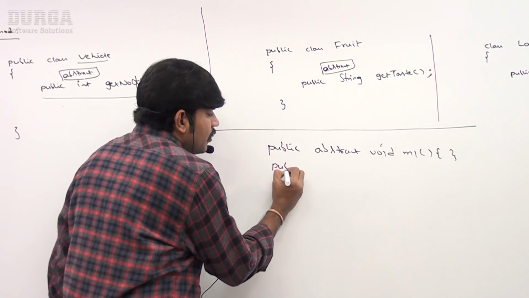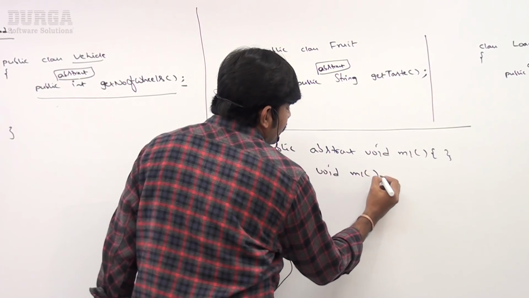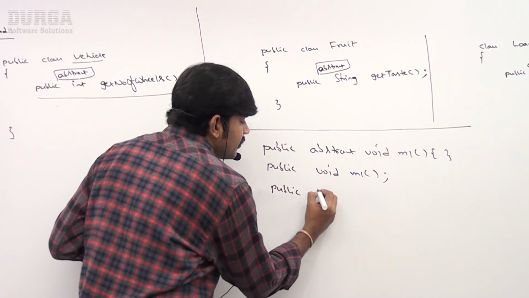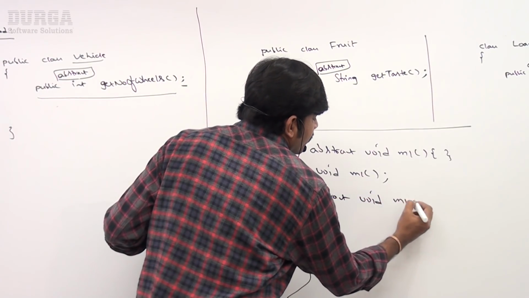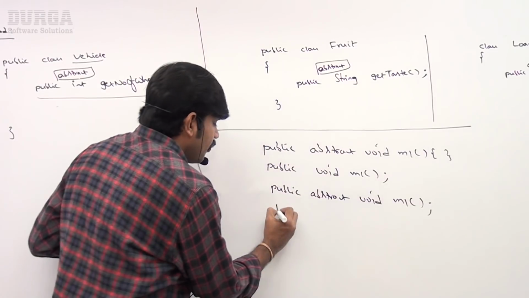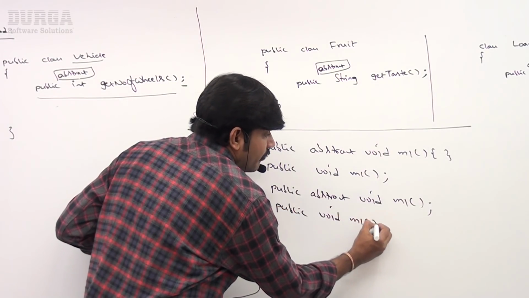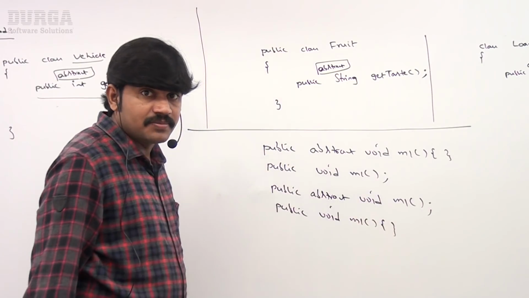Next, public void m1, like this I'm taking. Public abstract void m1, like this I'm taking. Public void m1, like this I'm taking, sir. Very important for the syntax, for the exam sake.